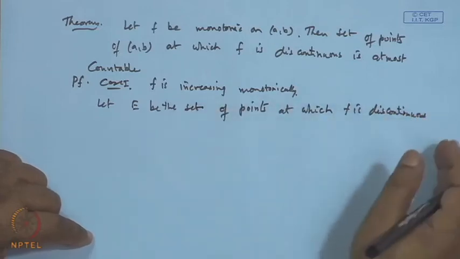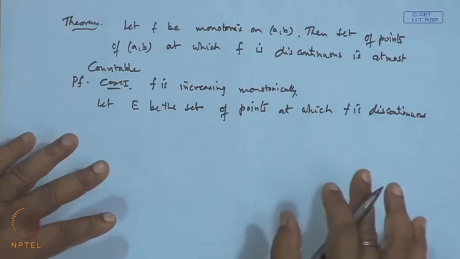Now, these points of discontinuity cannot be of the second kind, only first kind discontinuities or removable discontinuities.